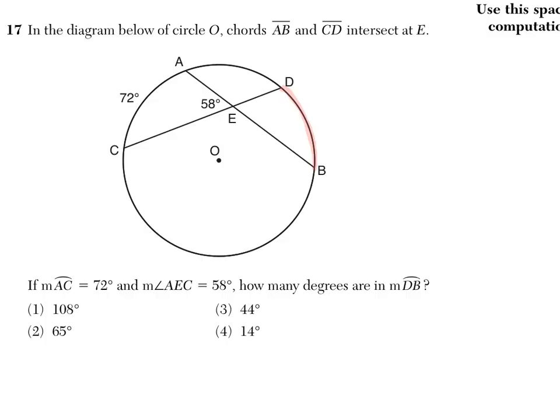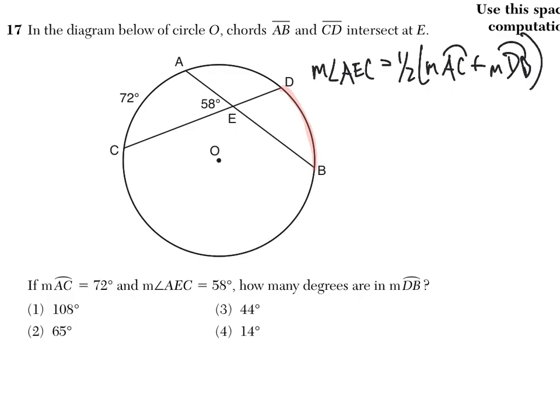So we know that angle AEC equals 1/2 arc AC plus arc DB. And we also remember that if it was outside the circle, it would be minus rather than plus.